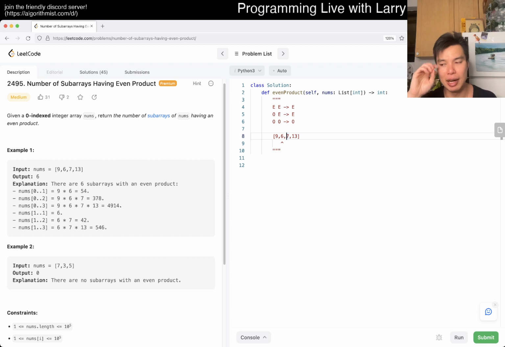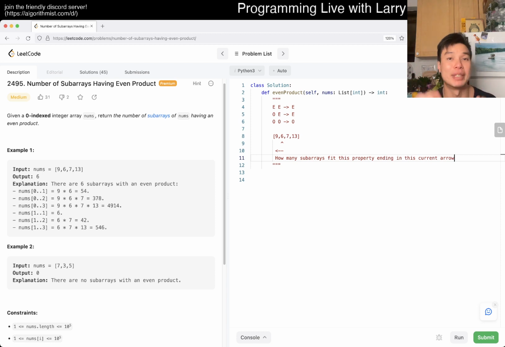But for me, the way that I'm more comfortable now is looking at this particular number and then going, okay, looking to the left, how many subarrays fit this property, whatever the question is asking, ending in this current index or current position, basically the current thing that we're looking at.